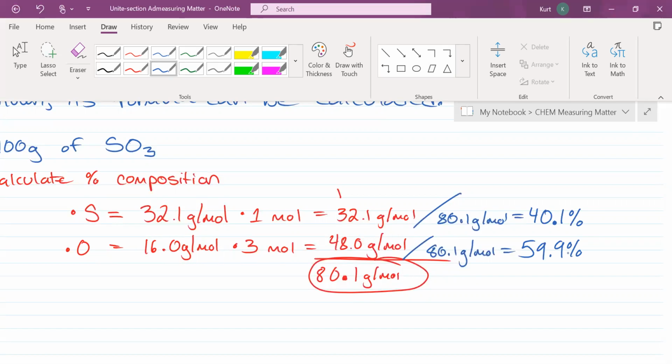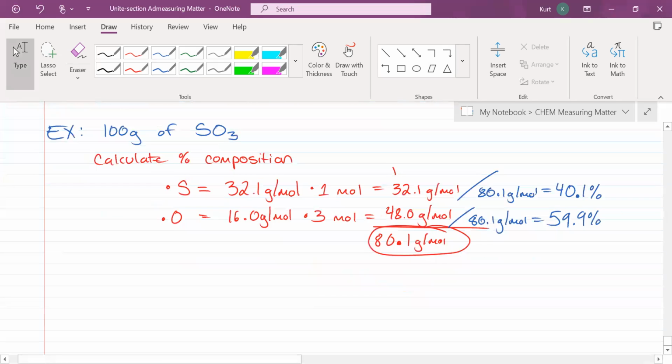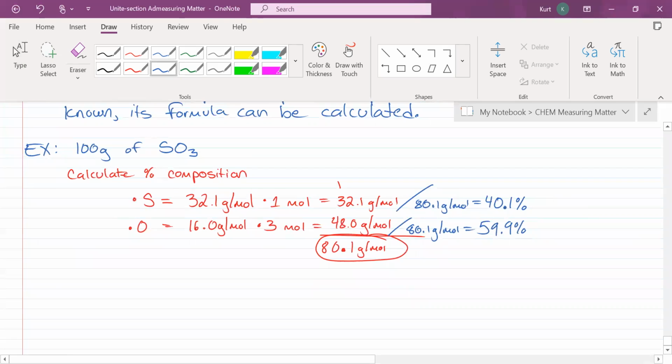Okay, so now, guys, let's apply that to the 100 grams. If you have 100 grams of it, listen up. This is where it can get a little tricky. If I give you a total of 100 grams, pay attention.